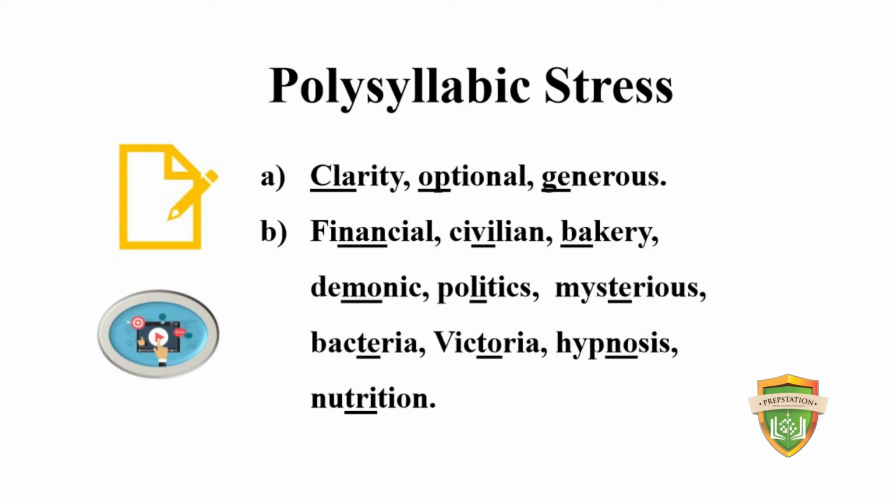So it has to be on OPtional. Then you have generous. The same thing, it ends with OUS. If it ends with IOUS, it is going to be on the second, but we get that. So since it ends with OUS, then the primary stress has to be on the third syllable. And that is why you have GEnerous, GE, because the degree of loudness has to be here.